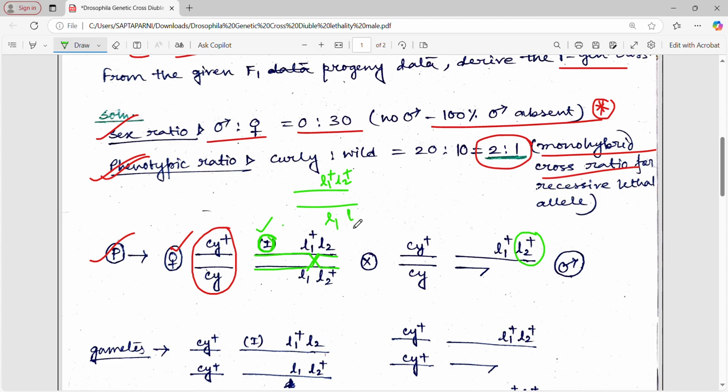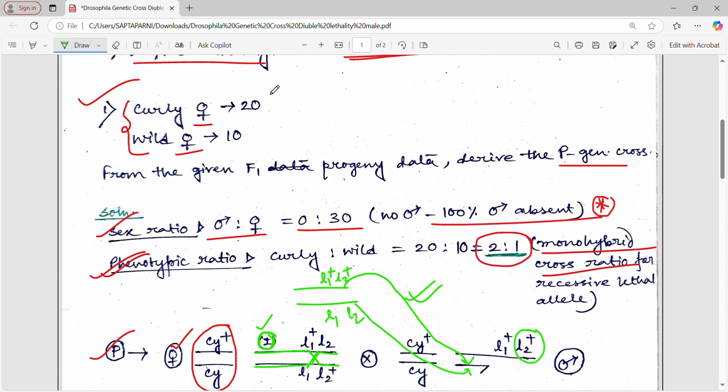When L1 and L2 combine with the Y chromosome of the father, the progeny will not survive. But when L1 plus L2 plus combines with the Y chromosome of the father, the progeny will survive. So male progeny would survive in the F1 generation. But in our question, we have seen that no male progeny is found in the F1 generation.